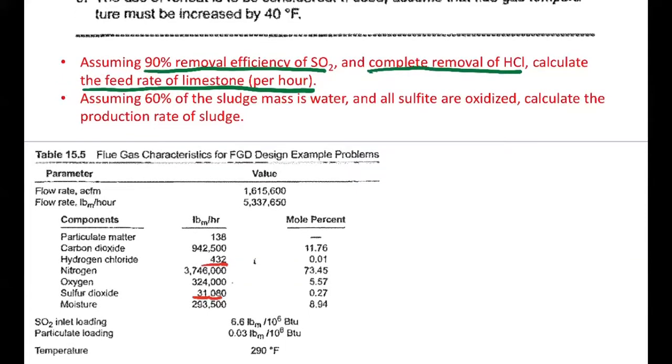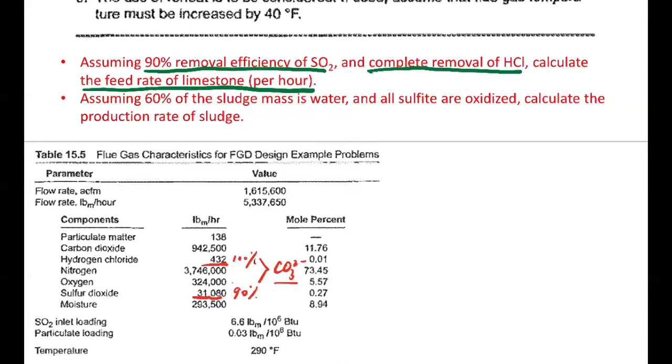For the sulfur dioxide, we cannot remove everything; we assume that we remove just 90% of it. But for the hydrogen chloride, we remove 100% of it, right? Then these acidic gases will react with the carbonate ions and get neutralized.